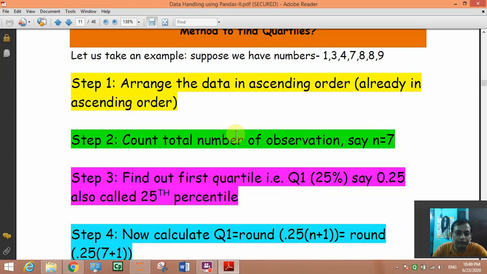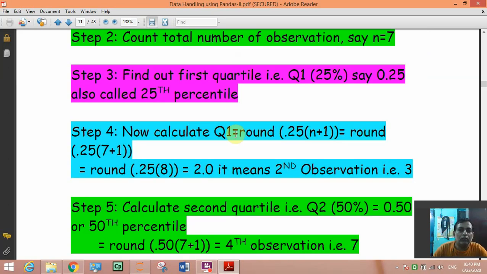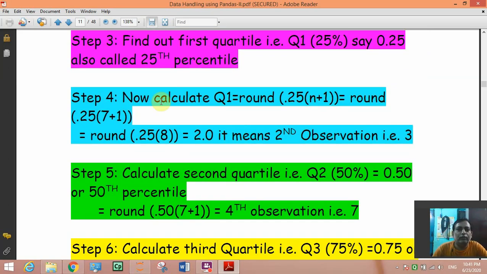Next, how to calculate the first quartile? The first quartile can be calculated as Q1 equal to 25%, which means 0.25 into n plus 1. N is what?